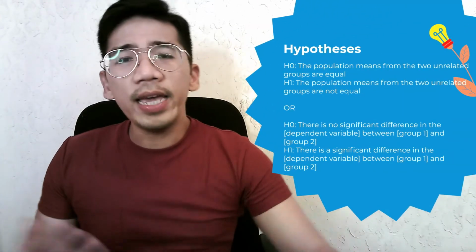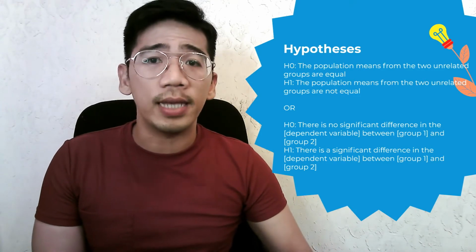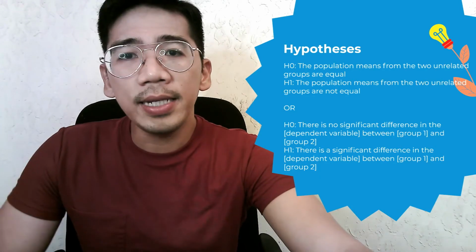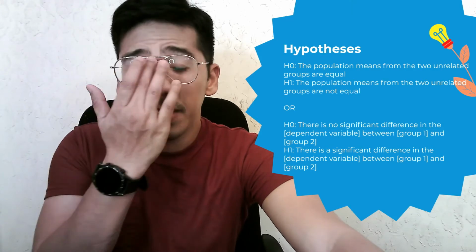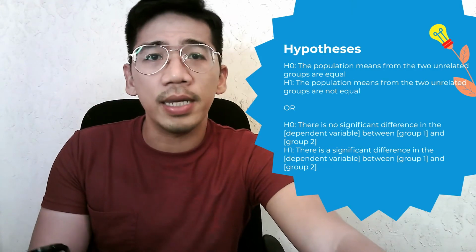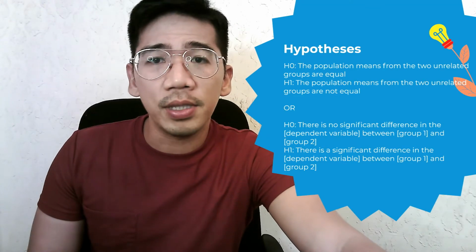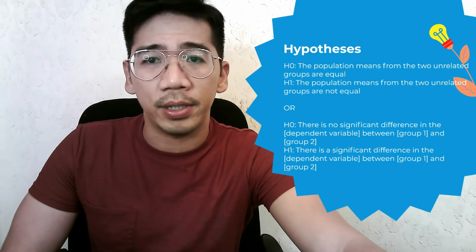So, as I have mentioned earlier, independent t-test is commonly used to test statistical differences between the means of two groups and statistical differences between the means of two interventions. The null hypothesis and alternative hypothesis of the independent samples t-test can be expressed in two different but equivalent manners.